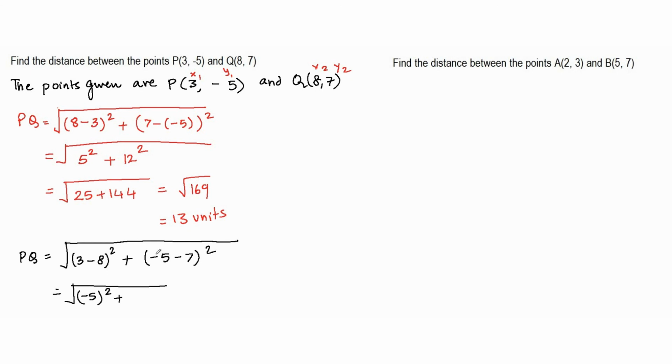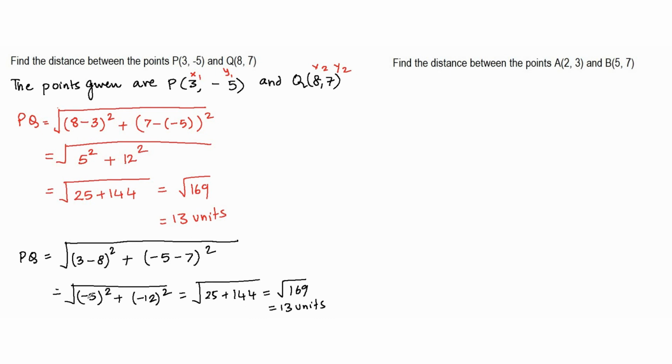So negative 5 the whole square plus negative 5 minus 7 is negative 12 the whole square. That again becomes under root of negative 5 square is 25 and negative 12 square is 144, which is root of 169, and that is equal to 13 units, right? So this is how we can find the distance PQ if you wish to do P minus Q.